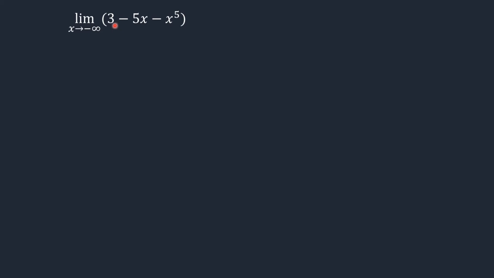Therefore, the limits of 3 and minus 5x as x approaches negative infinity become insignificant compared to the limit of minus x to the power 5 as x approaches minus infinity. Therefore, in the next step, we will omit these two terms. So we will omit 3 minus 5x from the function.